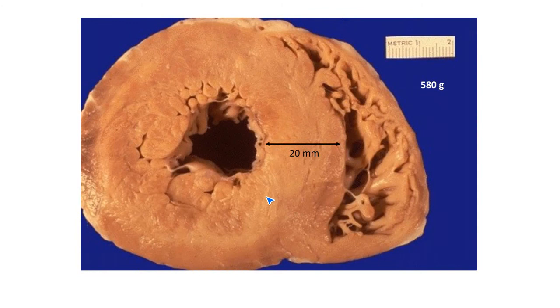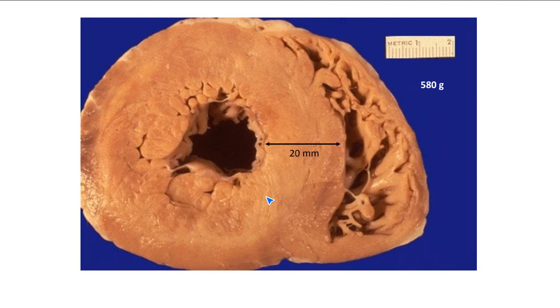Hypertension, fabulous. What are some of the other things that can cause hypertrophy of the left ventricle? Whether we're talking about concentric or not, what can cause hypertrophy of the left ventricle apart from hypertension? Well, not exactly, Kyle.